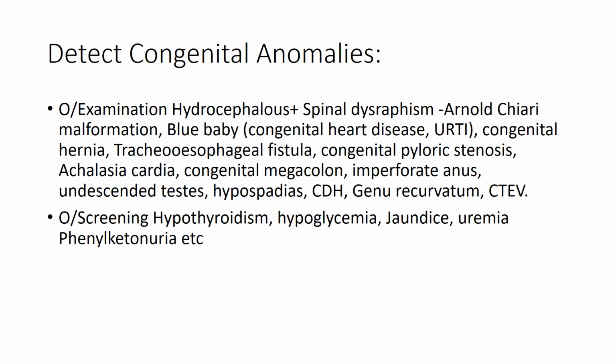A blue baby with congenital heart disease, congenital hernia, tracheoesophageal fistula, going from above to downwards, congenital pyloric stenosis, achalasia cardia, congenital megacolon, imperforate anus, undescended testes, hypospadias, CDH, genu recurvatum, CTEV, and limited joint movement because of arthrogryposis multiplex congenita. On screening, you detect hypothyroidism, hypoglycemia, jaundice, uremia, phenylketonuria, etc.